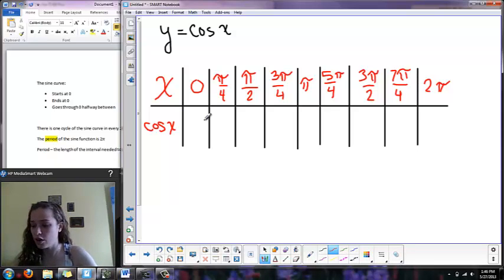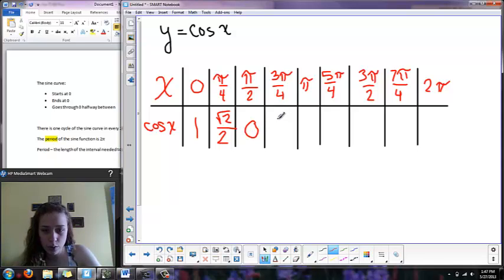So when x is equal to 0, cosine of 0 is 1. Cosine of 45 degrees, or pi over 4, is radical 2 over 2. Cosine of pi over 2, cosine of 90 degrees is 0.